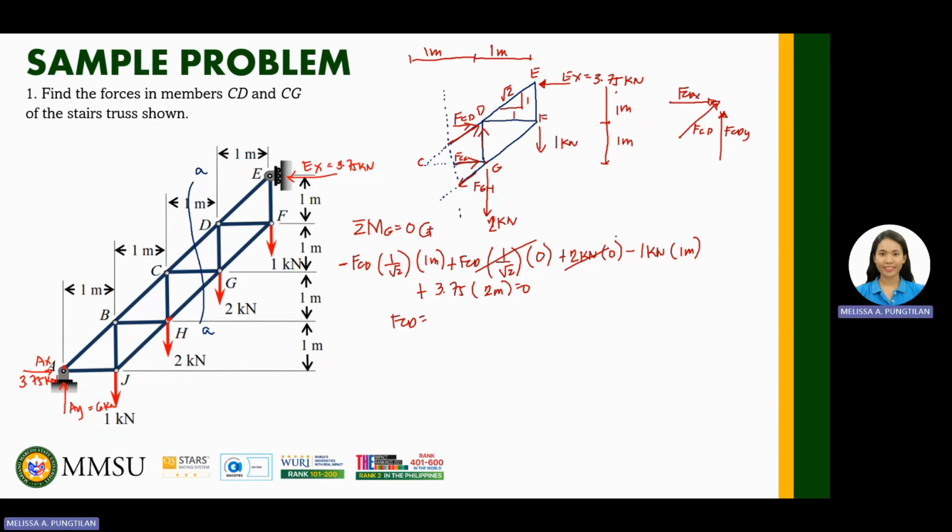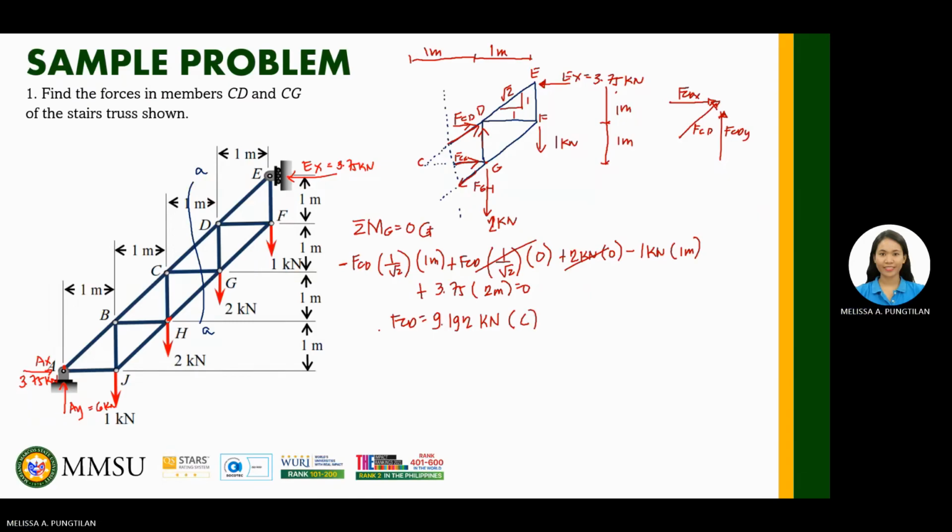Therefore, FCD is equal to 9.192. No? We have 9.192 kilonewton. Okay, positive yung nakuha natin. Therefore, tama yung assumption. Therefore, FCD is in compression.